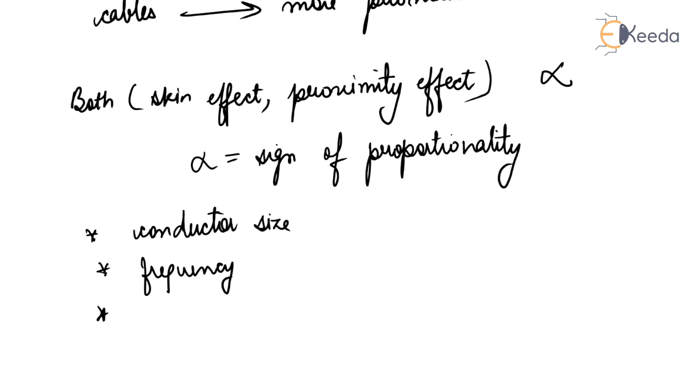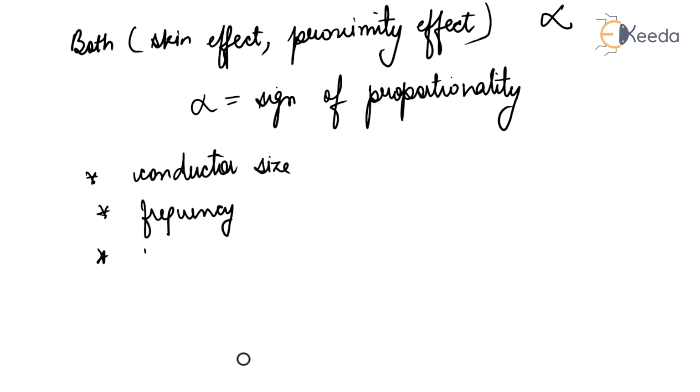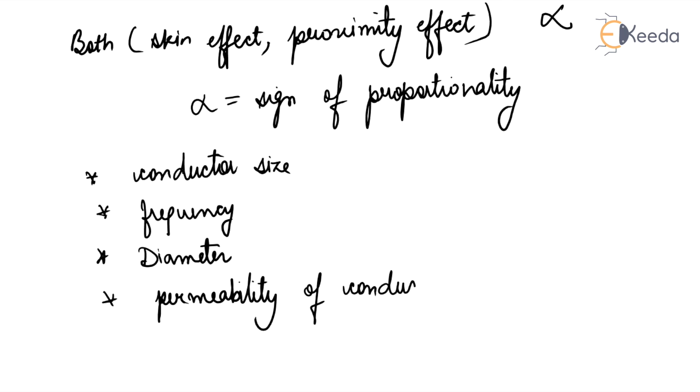Third, diameter. And last, permeability of the conductor material. So, it increases with the diameter of the wire, and increases with the increase in frequency. So these are the four parameters on which skin effect and proximity effect depend.